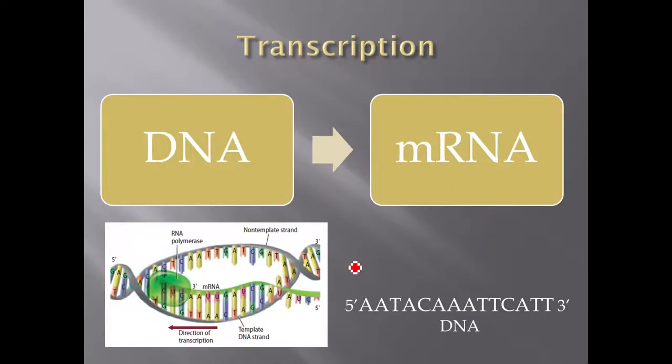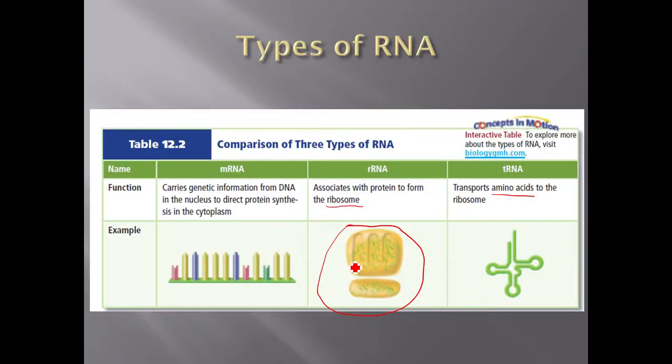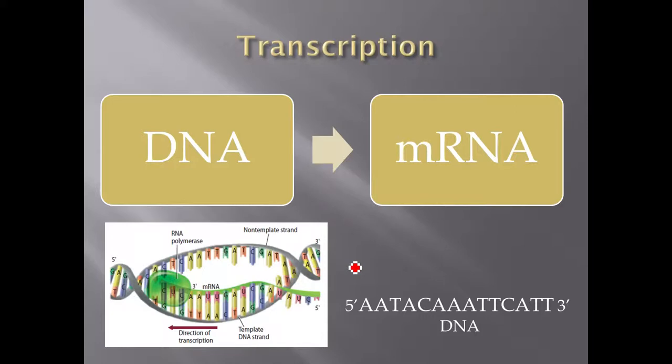The rest of this, guys, is process-based. It's understanding what's going on. To understand that, you have to understand the very first thing, and that's what's called transcription. Transcription is just the taking of DNA and turning it into messenger RNA. If you see down here on this chart below, an enzyme called RNA polymerase is attaching itself to the DNA, taking the DNA molecules on this side, and attaching mRNA to the top part.